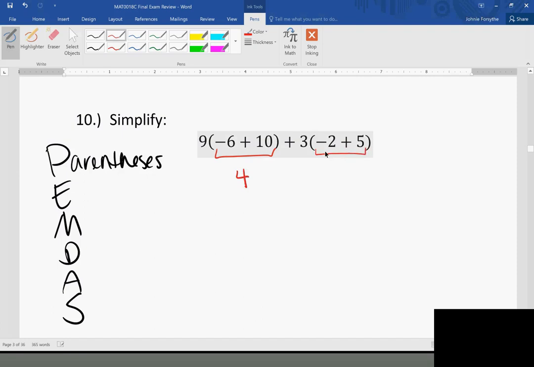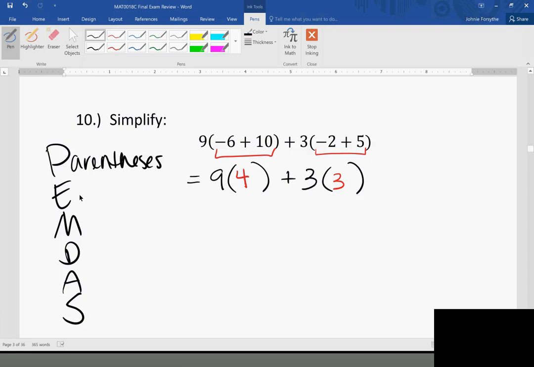Then same thing here. I have different signs, negative 2 plus 5. So I'm going to subtract and take the sign of the larger number. So 5 minus 2 is 3. It's going to be a positive 3. So I have 9 times 4 plus 3 times 3.